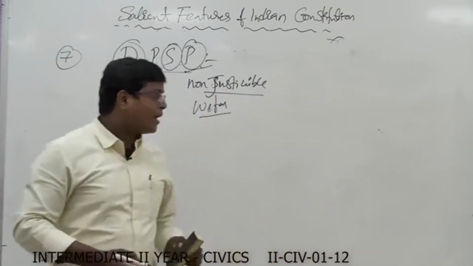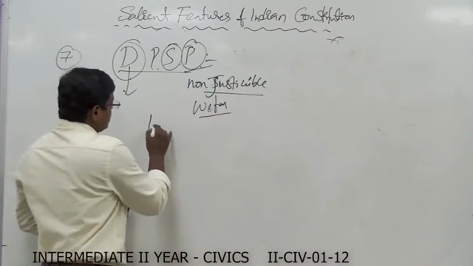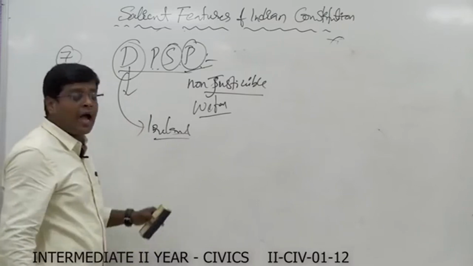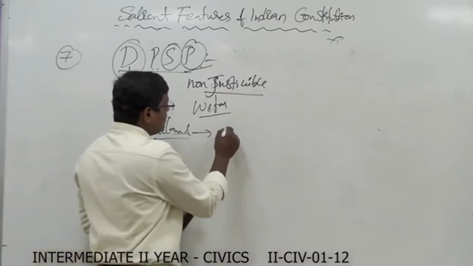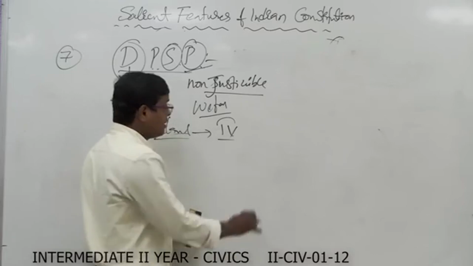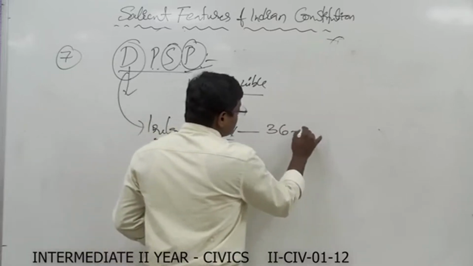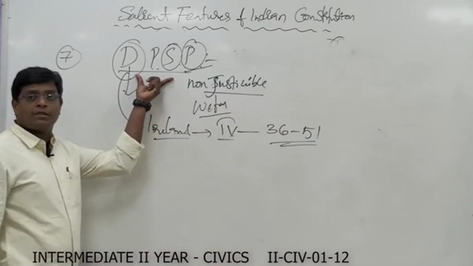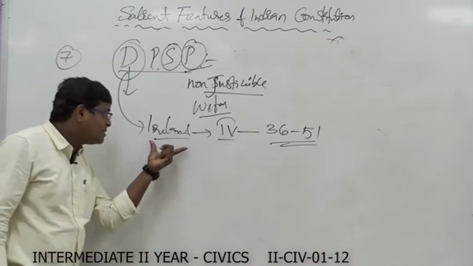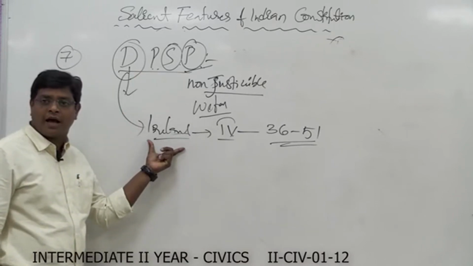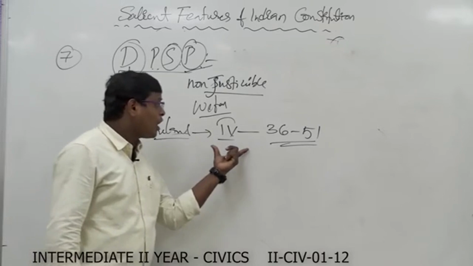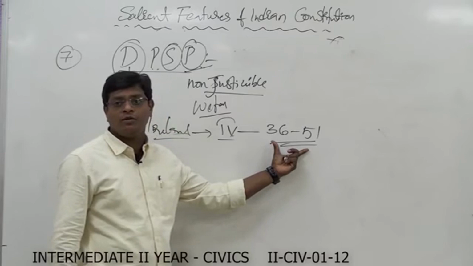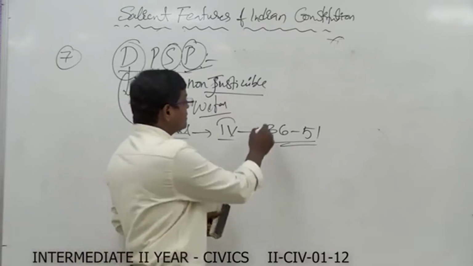They have been taken from the Irish Constitution and incorporated in Part 4 of the Indian Constitution, from Article 36 to 51. Keep in mind, directive principles of state policy have been taken from the Irish Constitution, incorporated in our Constitution in Part 4, Article 36 to 51.